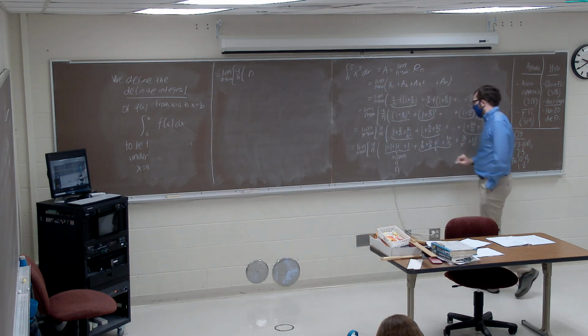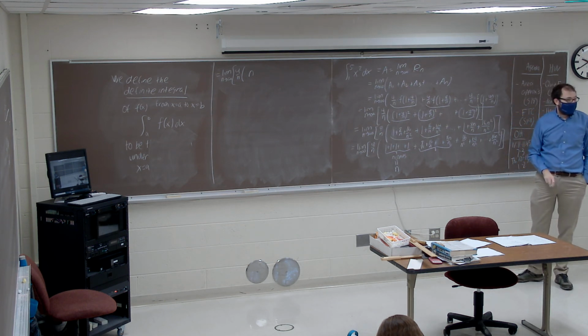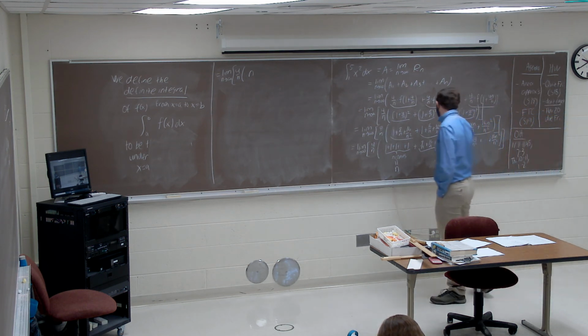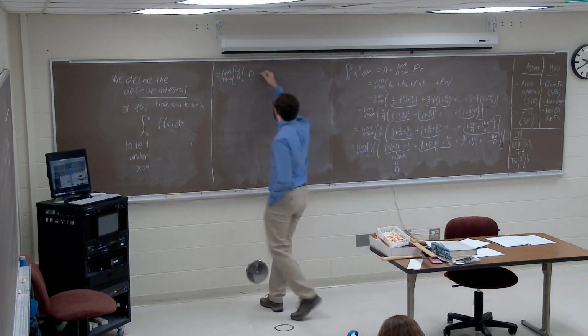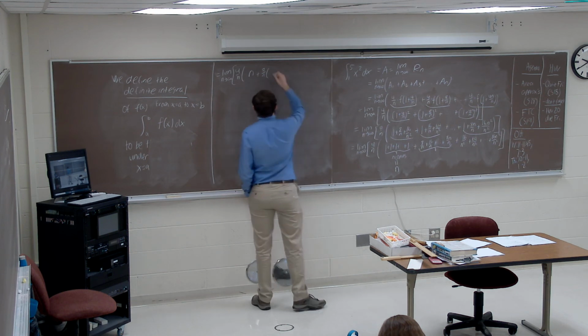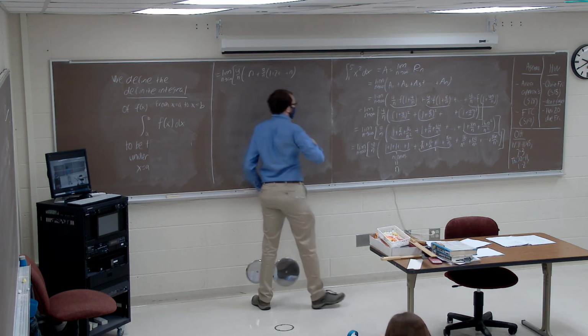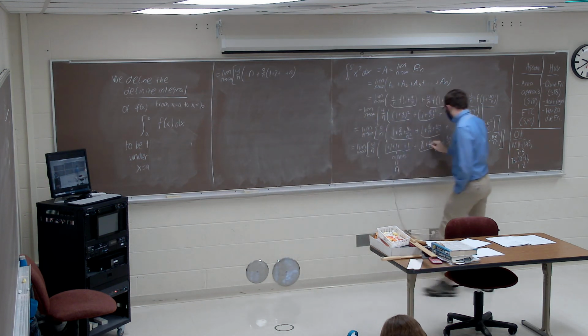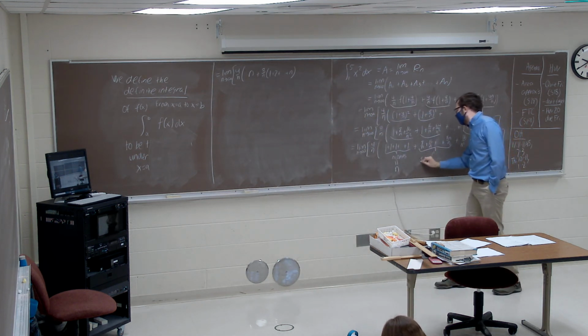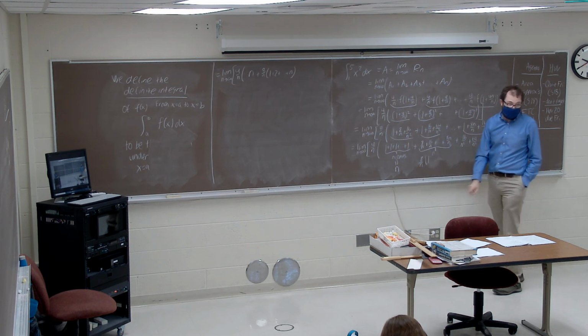This term, I don't know how to simplify that one. But I do know that I can factor out an 8 over n from that term to get 8 over n times 1 plus 2 plus all the way up to n. Basically, if we factored out an 8 over n, the first term would be left with just a 1.